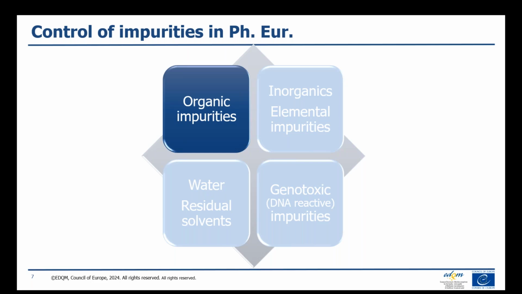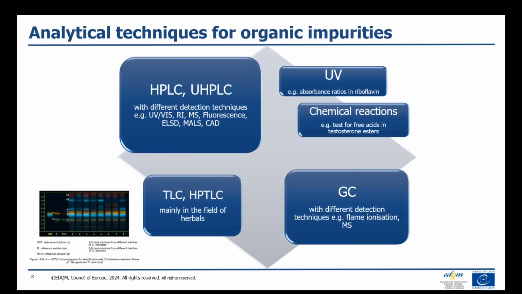So there are several techniques which are used to control organic impurities. Most of the time, you will see that we use an LC method. It can be with different detection modes, but most of the time we use UV detection. In some more recent monographs, there is also a UPLC method described.